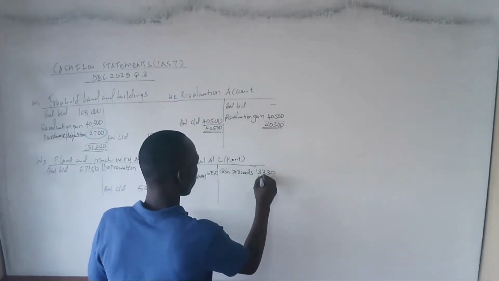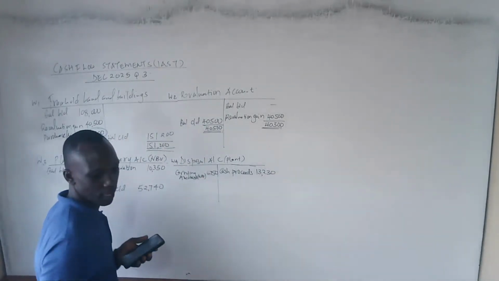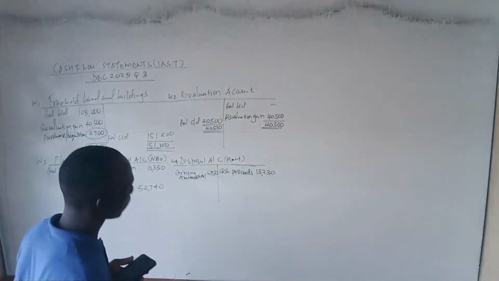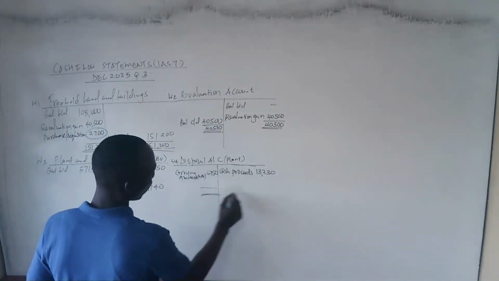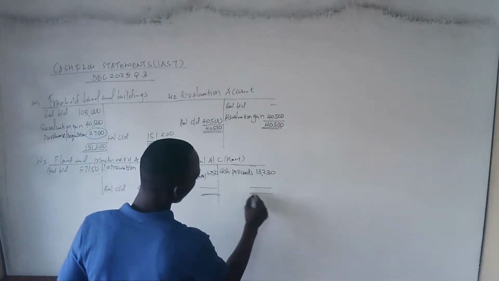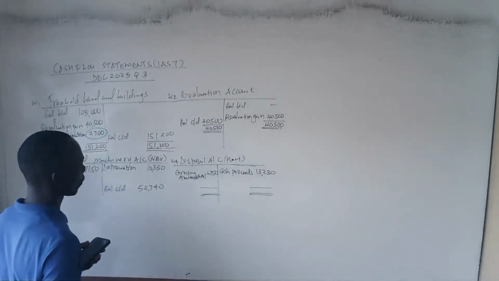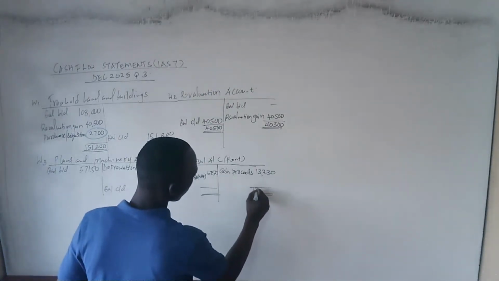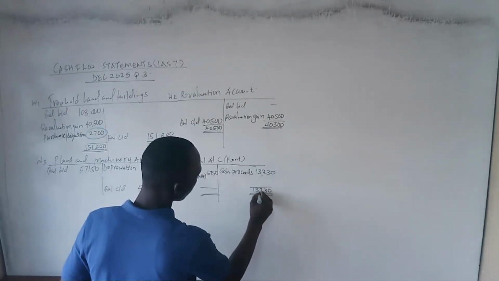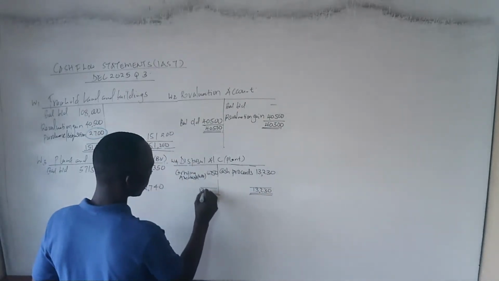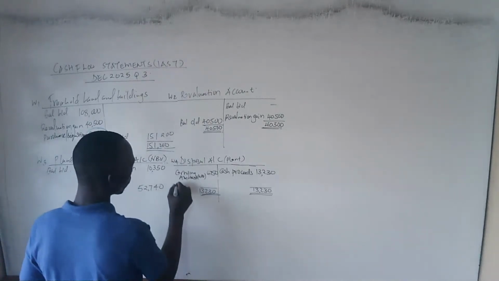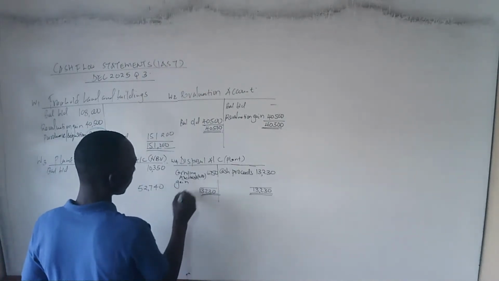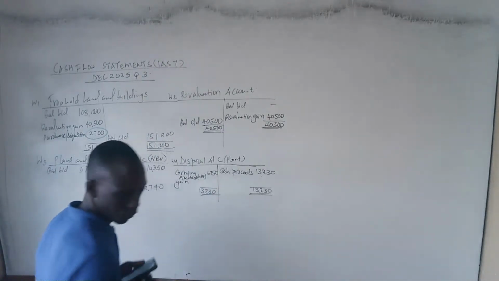to 30. So the reason we are opening this account is for us to see whether we disposed at a gain or loss. So therefore, this will be 13 to 30, and this one is 13 to 30, meaning that there is gain on disposal. We have a gain of how much? The difference.